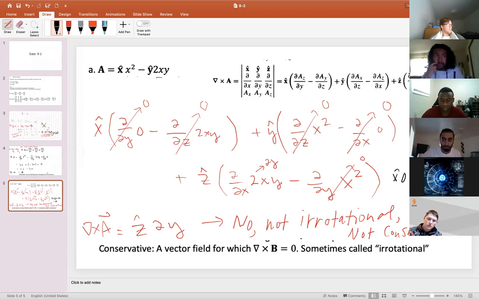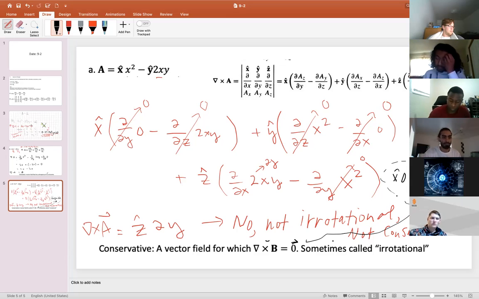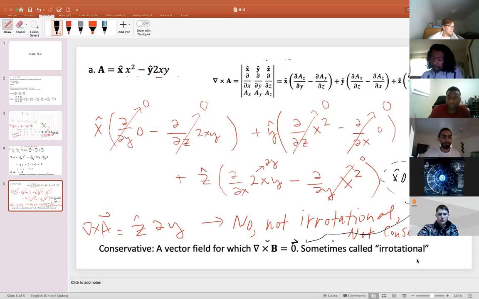So maybe a better way to look at this would be to call it like this, which is a shorthand notation saying it's 0 in all directions. We won't run into this too much, maybe not even again, but it's a shorthand way of saying it's a 0 vector. It just means it's 0 in every direction. Okay.